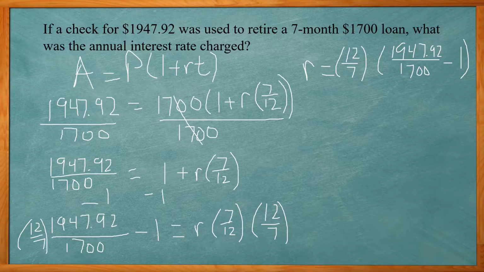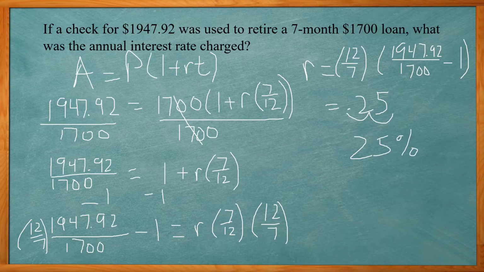So make sure you have 12 sevenths in parentheses and then 1947.92 over 1,700 minus 1 in its own set of parentheses. So if you do that, you should get 0.25. And then we need to multiply by 100 to make it 25%. So the annual interest rate here is 25%.